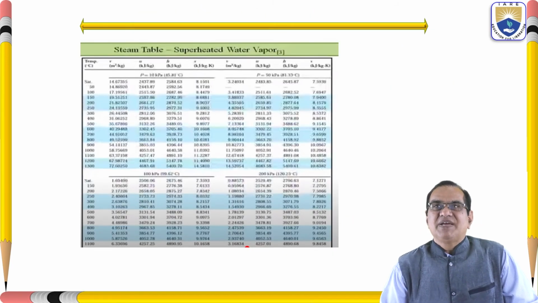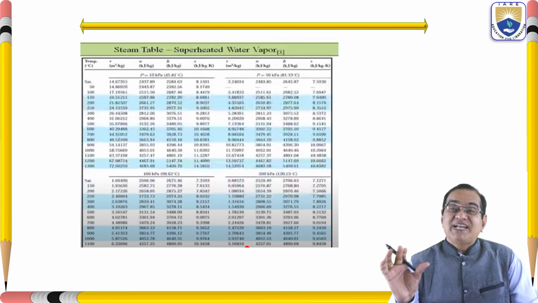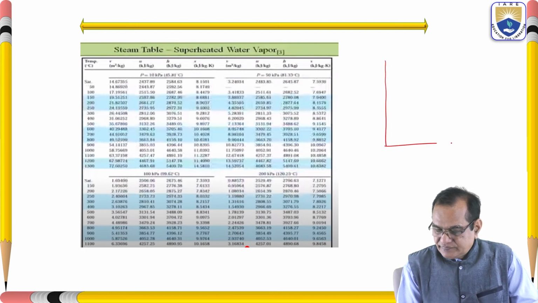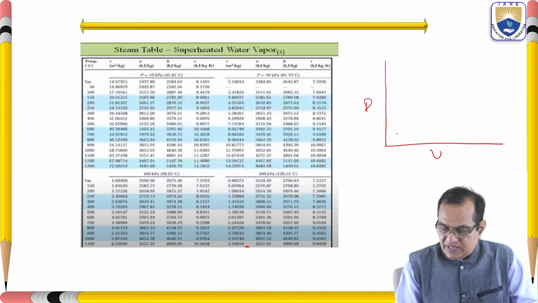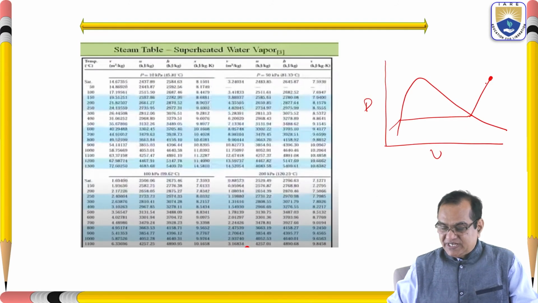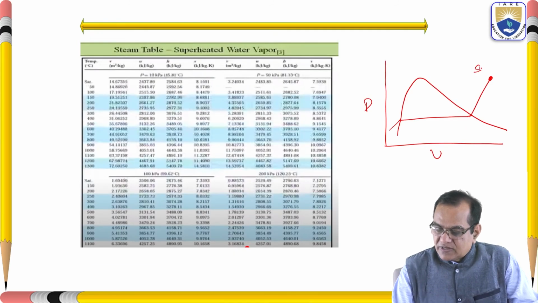This is a steam table for the superheated vapor. In this superheated region, pressure and temperature both have to be given, P and T. Here above this is the superheated zone, and here is the saturated zone.